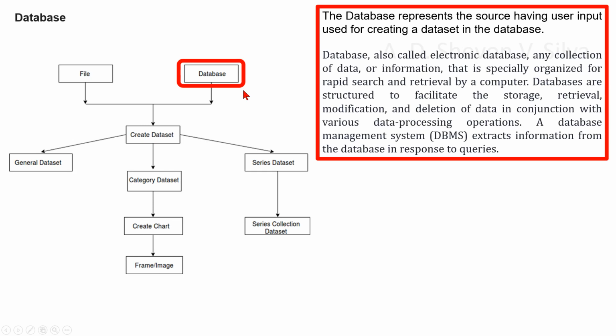Databases are structured to facilitate the storage, retrieval, modification, and deletion of data in conjunction with various data processing operations. A database management system, DBMS, extracts information from the database in response to queries.